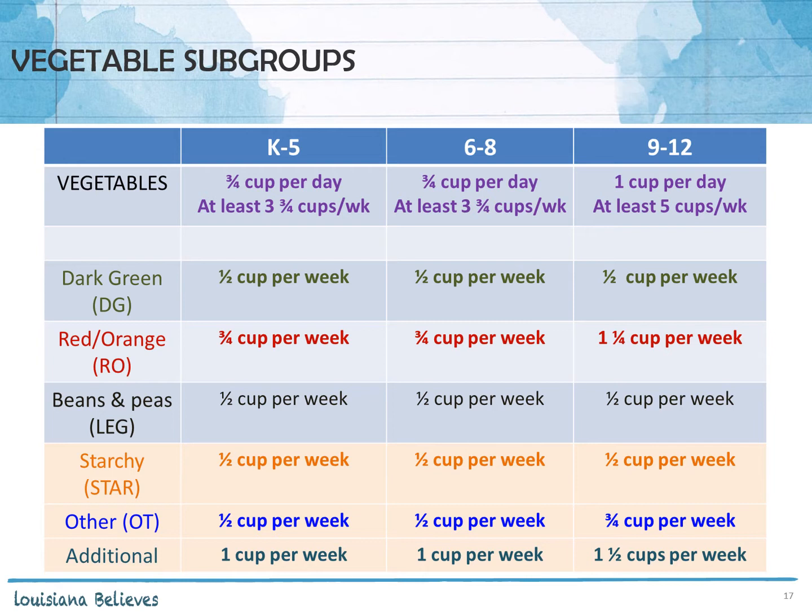The other subgroup includes items like beets, cauliflower, cabbage, and onions, but can also include extra items from the dark green, red-orange, or legume subgroups. The starchy vegetable subgroup is the only subgroup which cannot count as an other vegetable. Additional vegetables may include vegetables from any of the vegetable subgroups, including starchy.